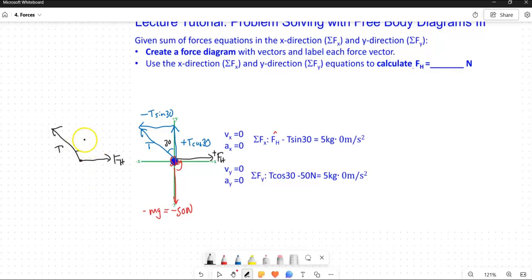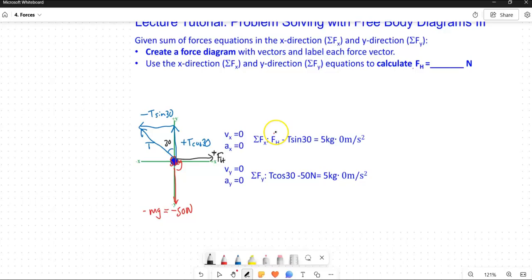But the reason why I want to come here and do this is because of the equations, right? The force diagram, by now you're probably pretty good with this. So look, we have an F sub h force here, and we have a T sine of 30 degrees. We also have a T sine of 30 degrees here. So you have two unknowns, one equation. You really do want to approach this like you've done other problems in the past.